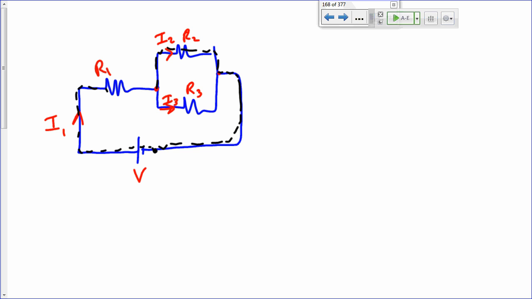I began and finished at the same point. So if I were to write the loop rule beginning at this point and going in this direction, I would say V minus I1R1 minus I2R2 equals 0. That's a correct application of the loop rule.